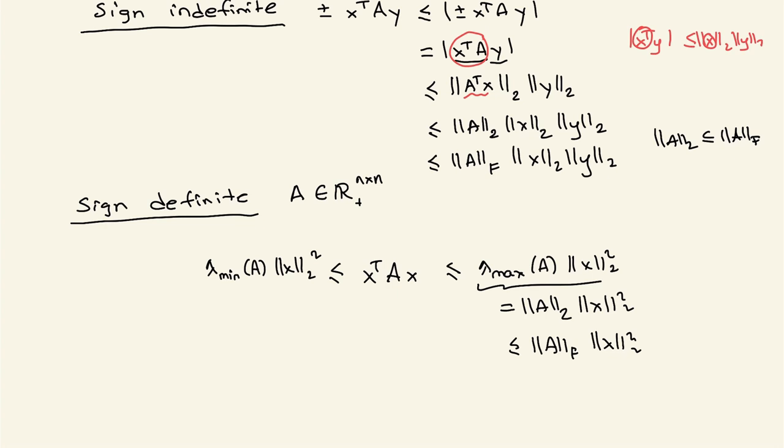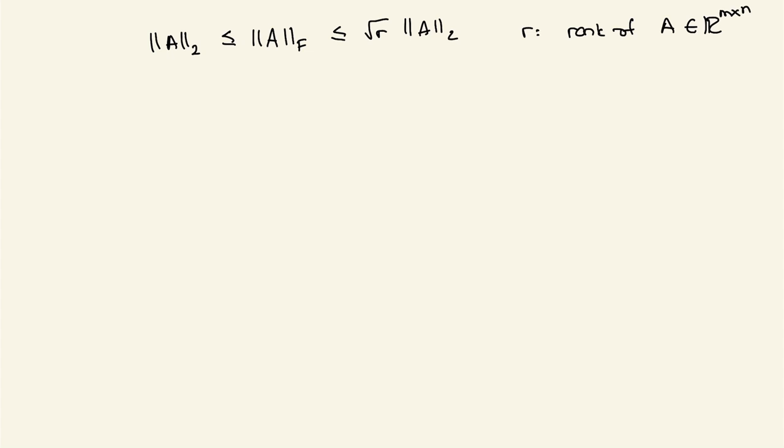All right, so now how we compare matrix norms with each other in this final portion of the video. The 2 norm of A is greater than the Frobenius norm of A divided by square root of r. Now A is an n by n matrix or m by n. R here refers to the rank of A. I will define rank in a second.